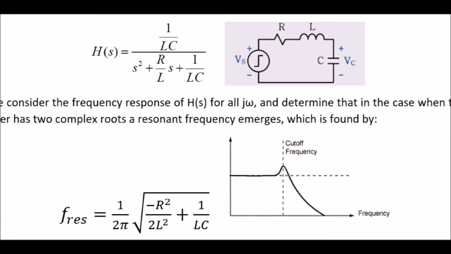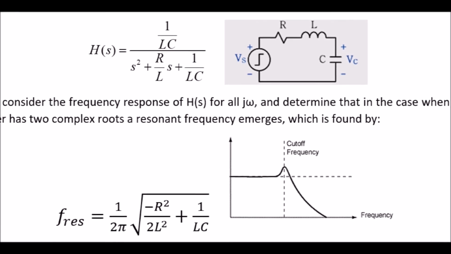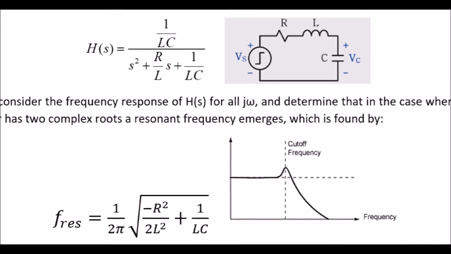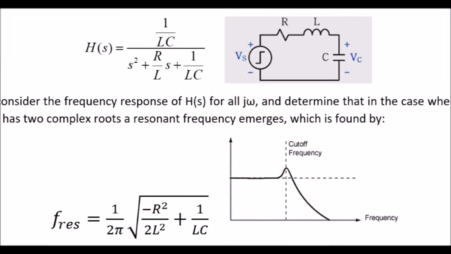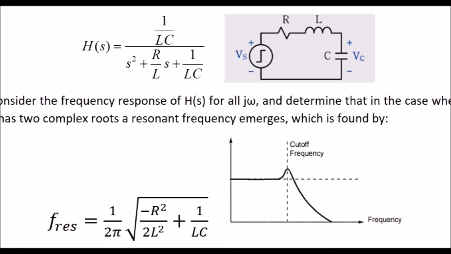For that, we'll have to invoke an RLC filter, which is given by an input to output voltage relationship transfer function, and we can use a corresponding expression for the resonant frequency as a function of the values of the three elements R, L, and C.